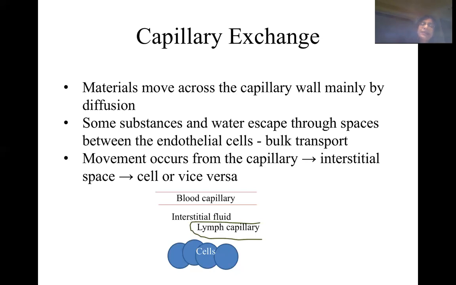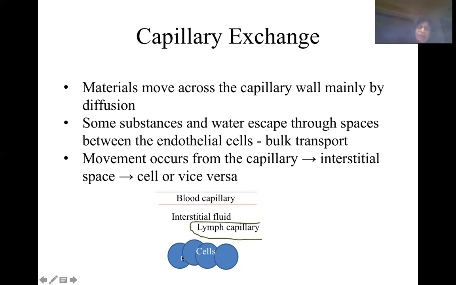It is the movement of plasma from the capillary out into the interstitial space. Okay, so much plasma escapes into the interstitial space. And eventually substances from here would enter the tissue or the cells.